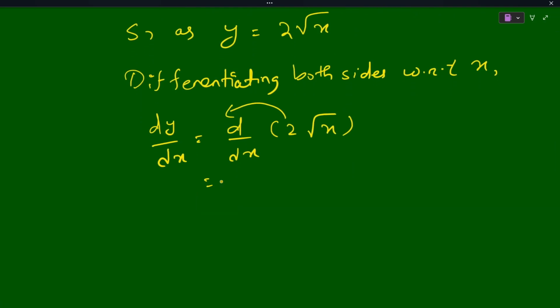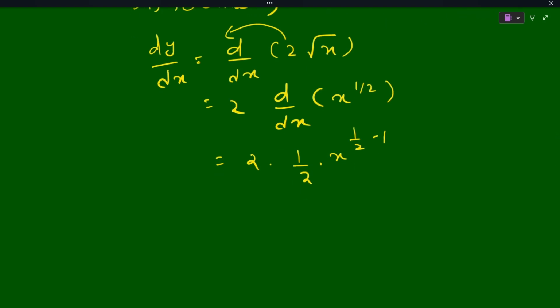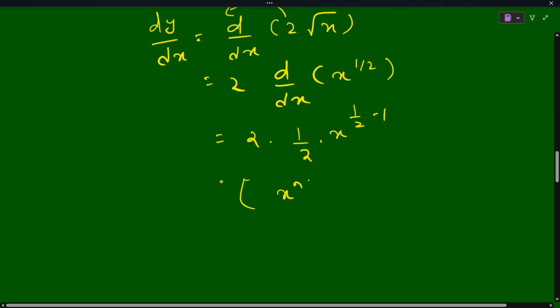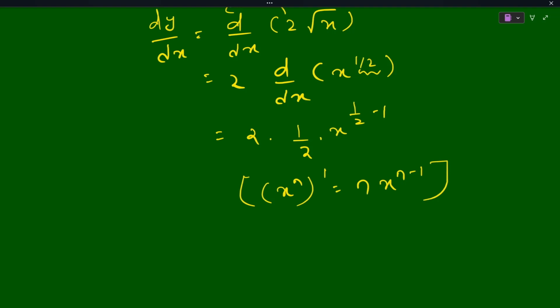Then this is 2 into d by dx of root x, and I can write root x as x to the power half. Now what is the formula to find the derivative? It is n x to the power n minus 1, that is half x to the power half minus 1. Here the n value is half, so I have written half into x to the power half minus 1. Now let's solve further.